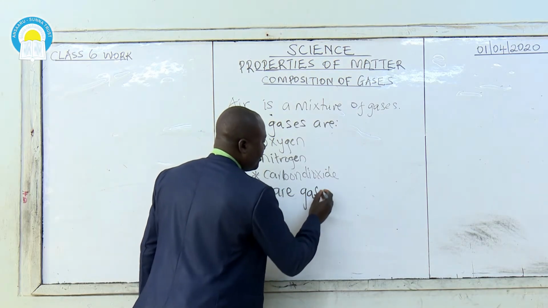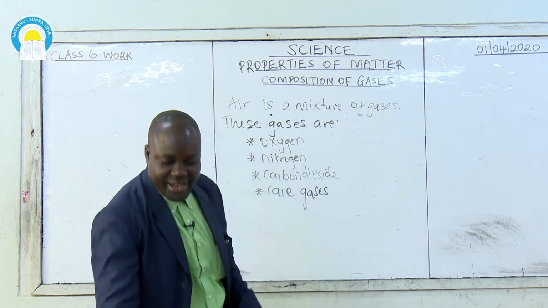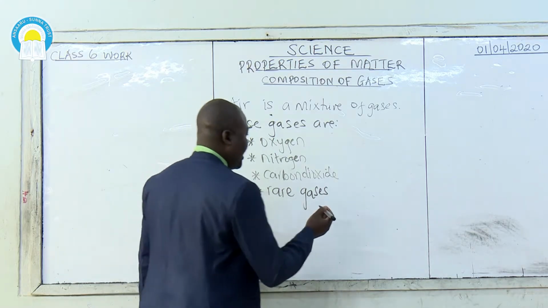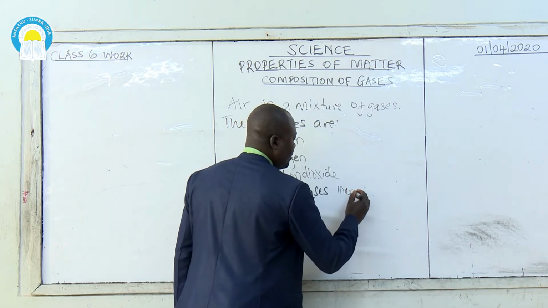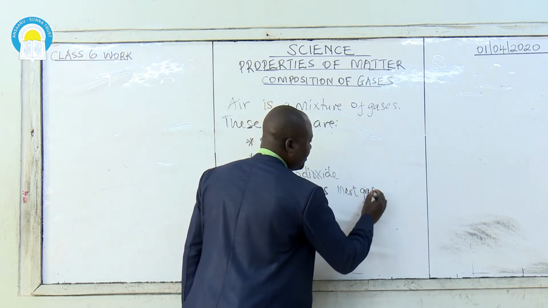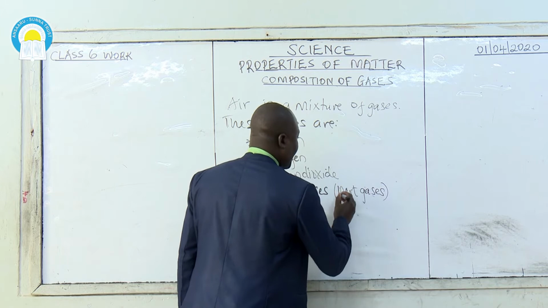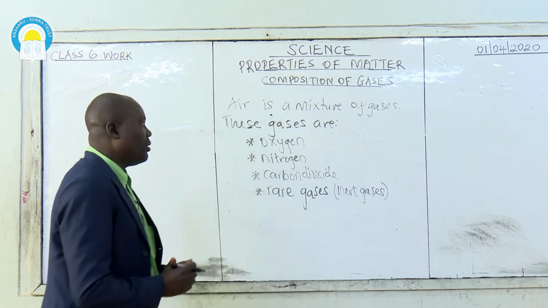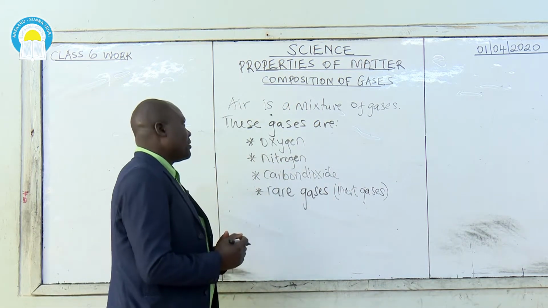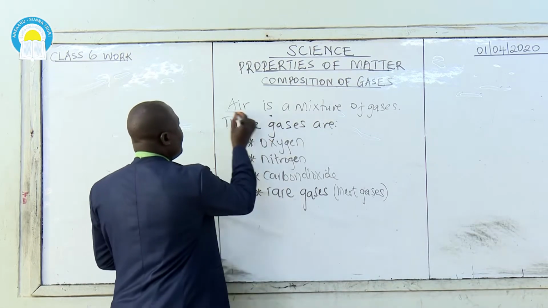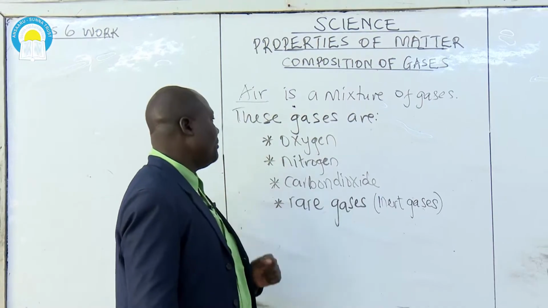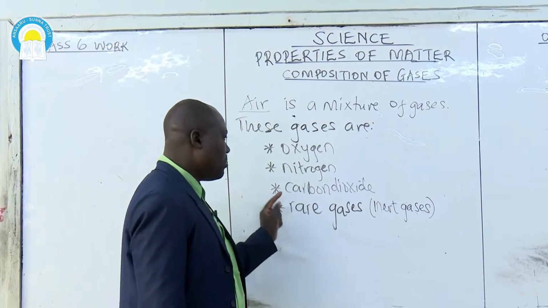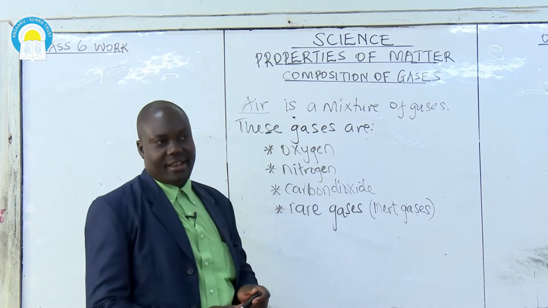Rare gases we can also call inert gases. So those are the examples of gases, because we've said that air is a mixture of gases. So it's made up of oxygen, nitrogen, carbon dioxide, and rare gases.